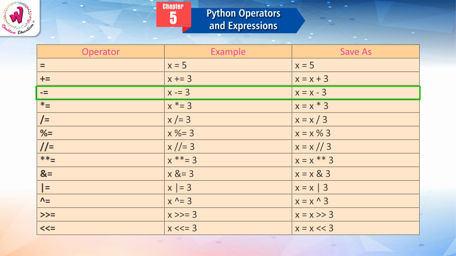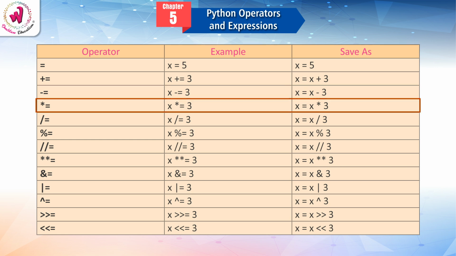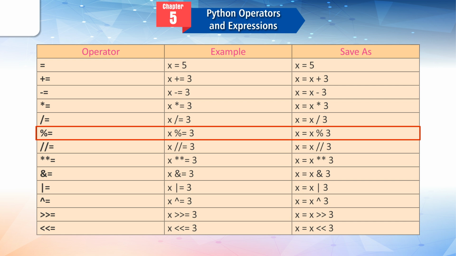Minus equal, x -= 3, x = x - 3. Multiply equal, x *= 3, x = x * 3. Divide equal, x /= 3, x = x / 3.